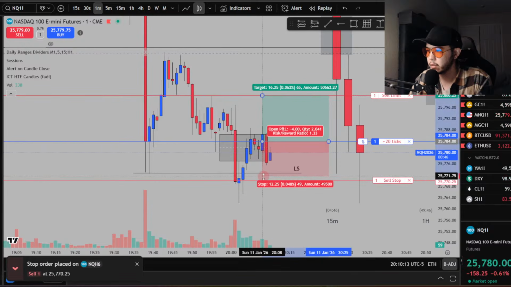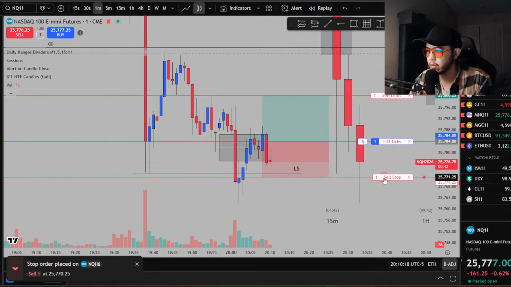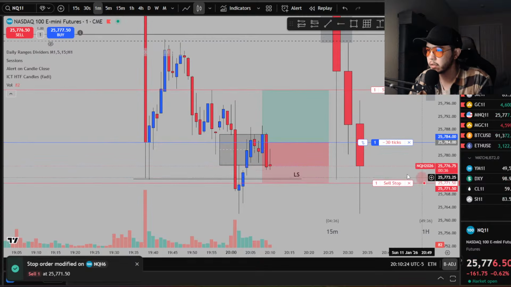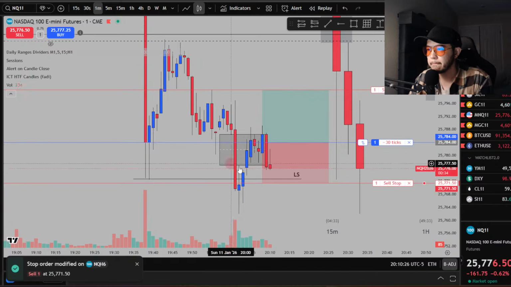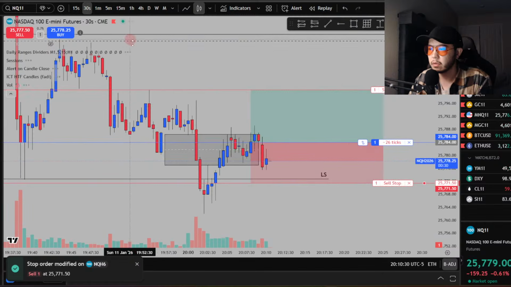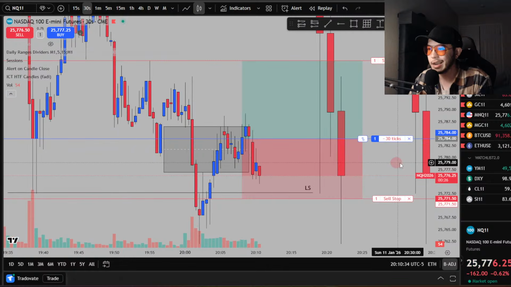I would be risking about that much. So I'm gonna see if this trade works. Let's go to 30-second. It looks like this trade is not gonna work out.